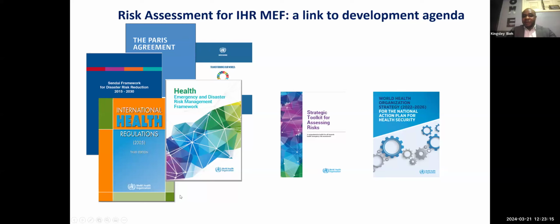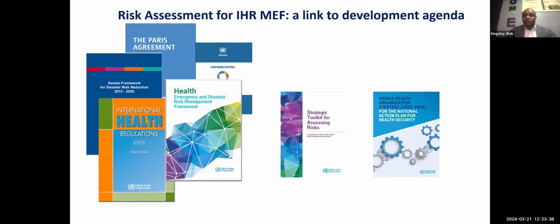So what we have in the health sector is a Health Emergency and Disaster Risk Management framework developed by WHO. What it does is to bring all the health actions from this global developmental agenda and align them with the International Health Regulations. I think Kutia, after the presentation, will shed more light on this.